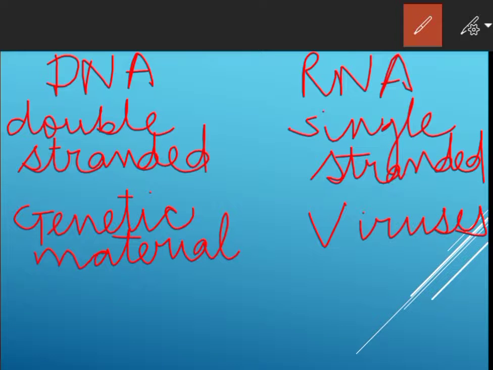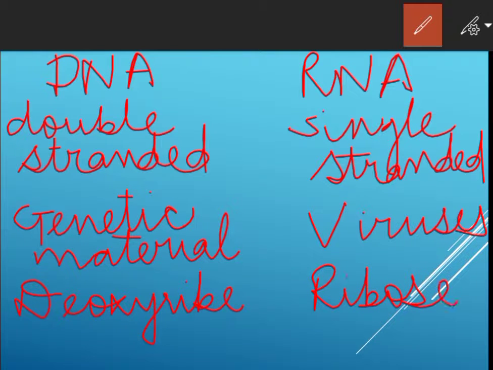In DNA, the pentose sugar which is present is the deoxyribose, whereas in RNA, the pentose sugar which is present is the ribose sugar.